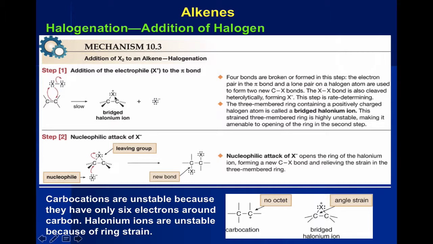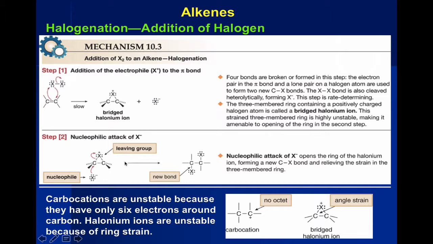And so now we've got this strained three-membered ring, and we've got halide, which can function as a nucleophile. And so what happens now, in a similar fashion to an SN2 reaction, although this isn't an SN2 reaction, the halide comes in from the backside, breaks that weak carbon-halogen bond, and this functions as a leaving group.